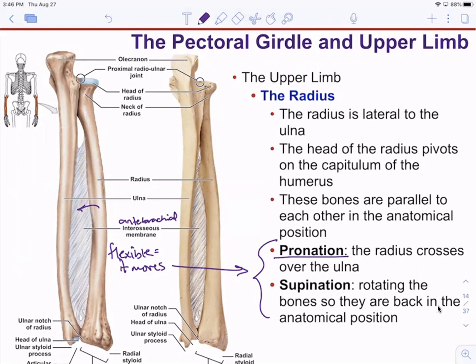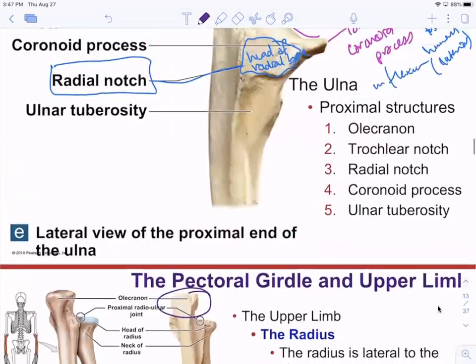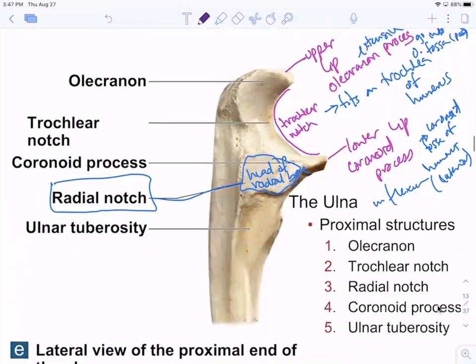And so this interosseous membrane allows the radius to move and cross over the ulnar bone, because the ulnar bone doesn't move. It's a hinge joint. The trochlear notch fits right onto the trochlea and it doesn't move. The radius is what rolls, and it rolls in that little radial notch, right? So the head of the radius is here and it can roll forward and around.